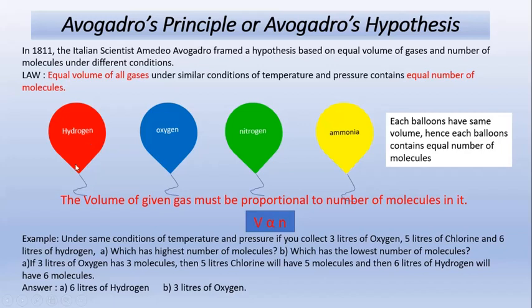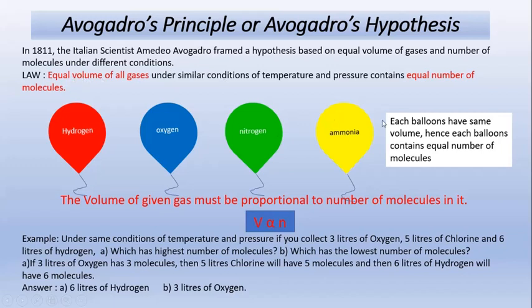If the volume is 1 liter, it is 1 liter for all the balloons. If the first balloon contains 5 molecules of hydrogen, the second also contains 5 molecules, the third contains 5 molecules, the fourth contains 5 molecules, right?